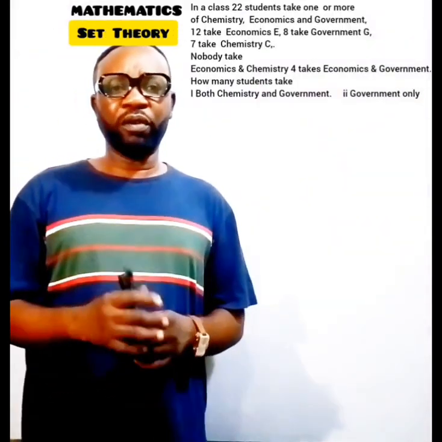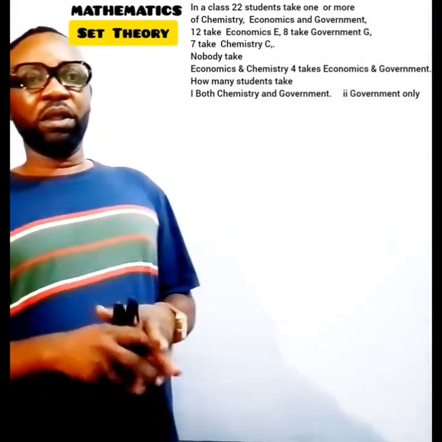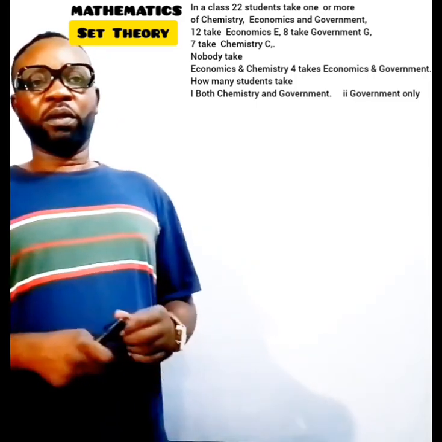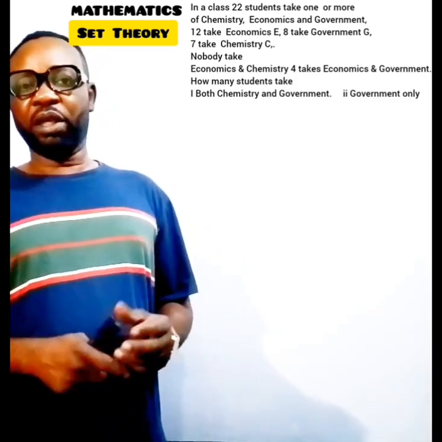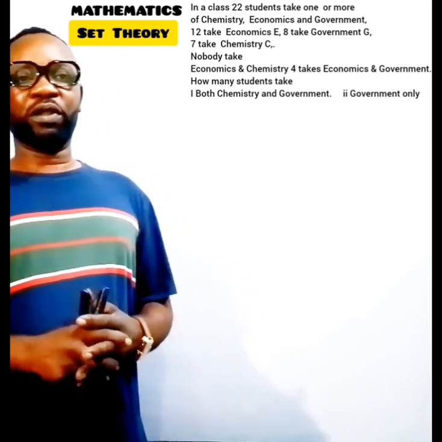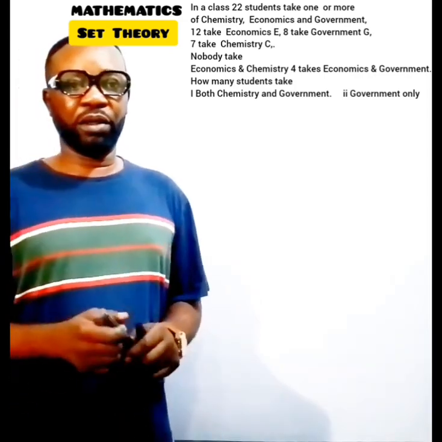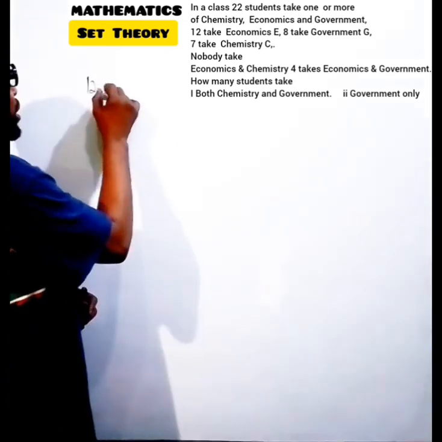In this question we have here, the question says that in a class of 22 students, one or more of the students take chemistry, economics, and government. 12 take economics.